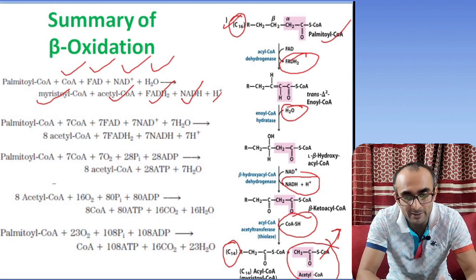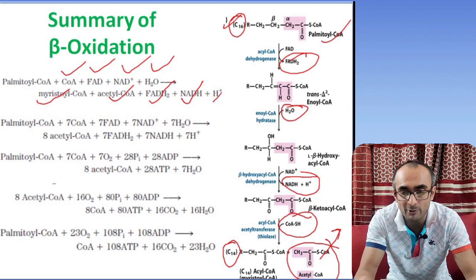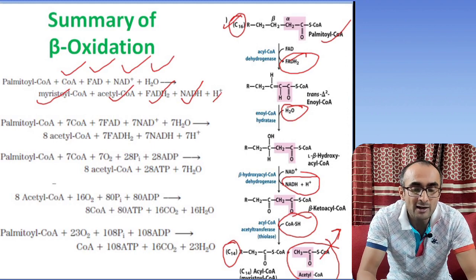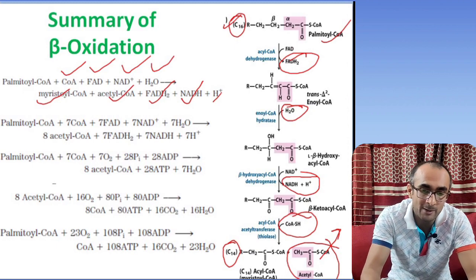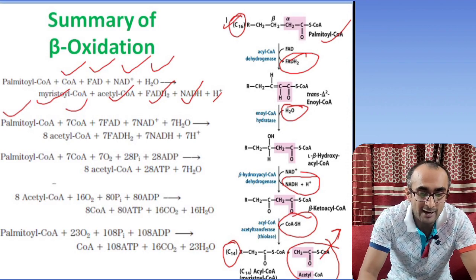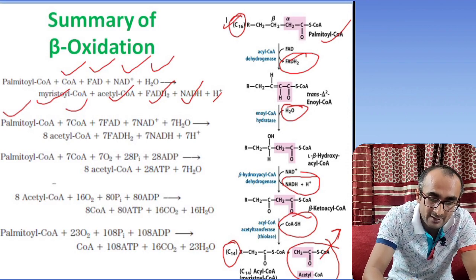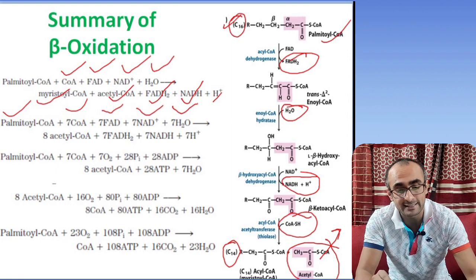But to have complete oxidation of C16 palmitoyl coenzyme A, you require 7 beta oxidation cycles. So 7 beta oxidation cycle में आपको क्या चाहिए? You need 7 coenzyme A. So eventually one palmitoyl coenzyme A requires 7 coenzyme A, 7 FAD, 7 NAD plus and 7 water molecules for complete oxidation.